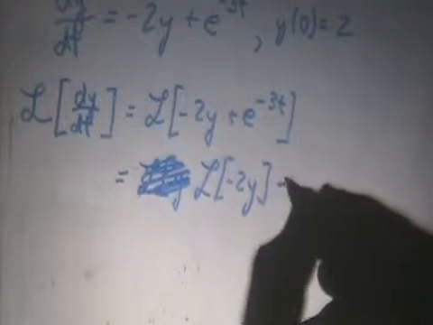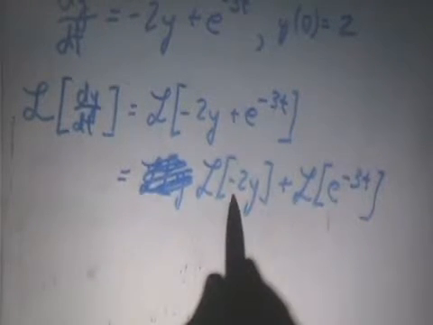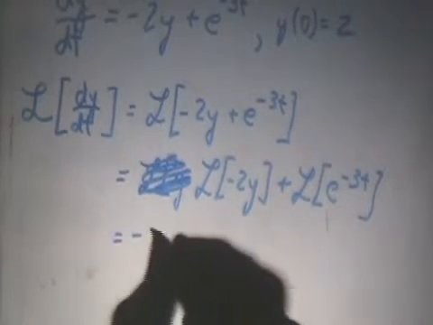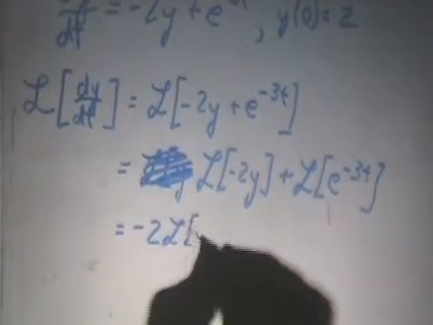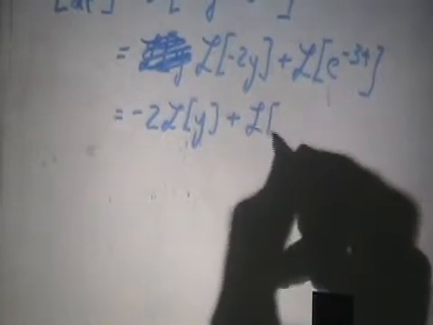Forgot my negative 2. And then this constant, negative 2, can be, in a sense, factored out. That's another property of linearity. I take out the negative 2 to write it this way.